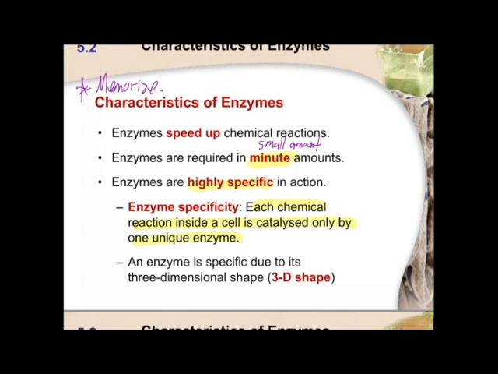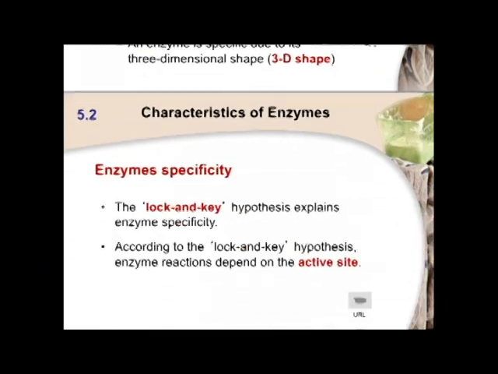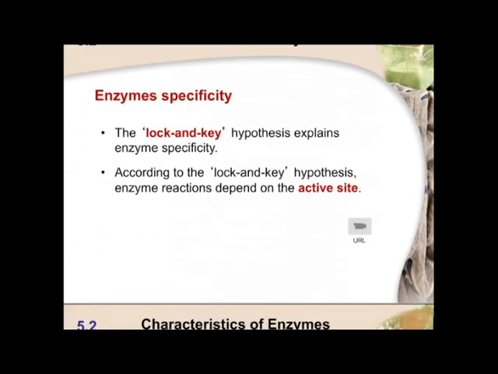And then an enzyme is specific due to its three-dimensional shape. So it's how the whole 3D shape of the enzyme, especially the active site, helps to decide which specific chemical reaction this particular enzyme belongs to. And the shape of the active site generally follows the shape of the substrate.